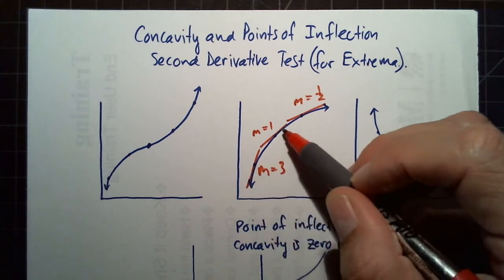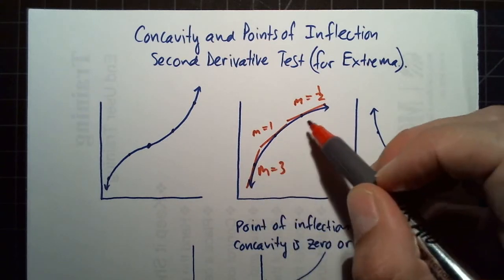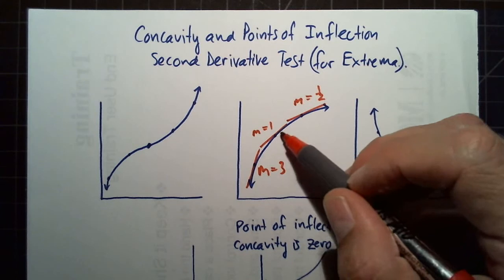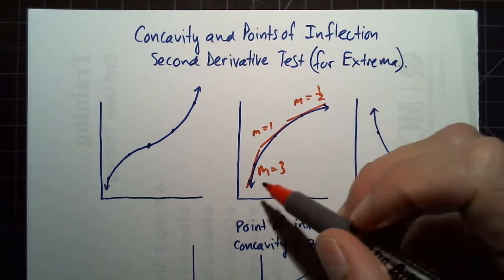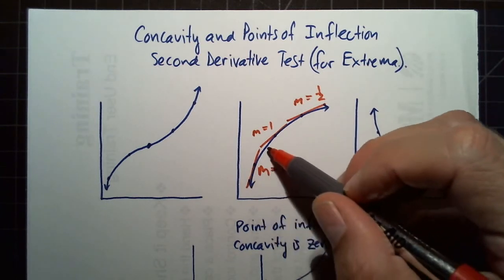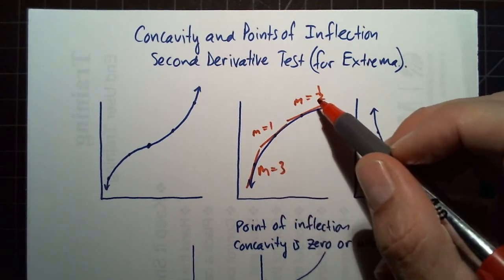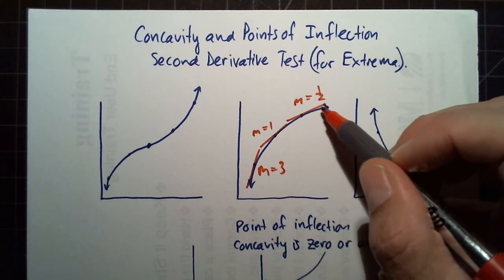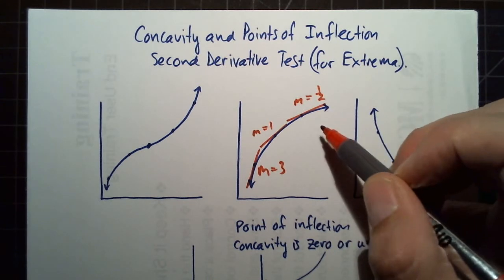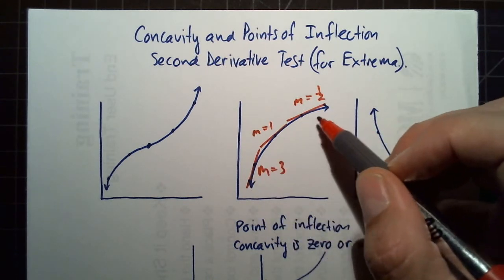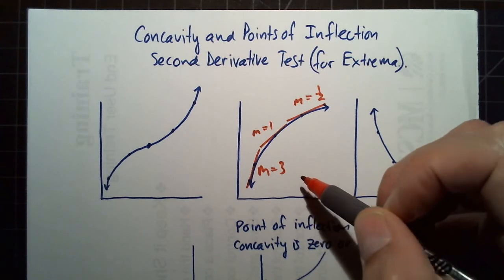So the slope has a rate of change, and this rate of change is negative. Even though the function is increasing and the slopes are all positive, the slopes are decreasing, so their rate of change is negative. That means we have a negative curvature or a negative concavity.